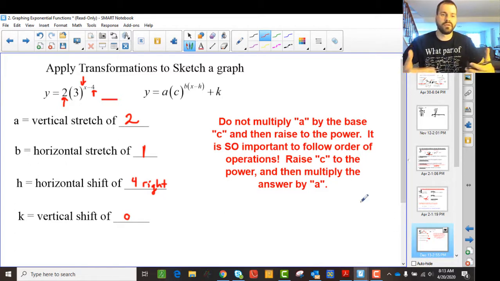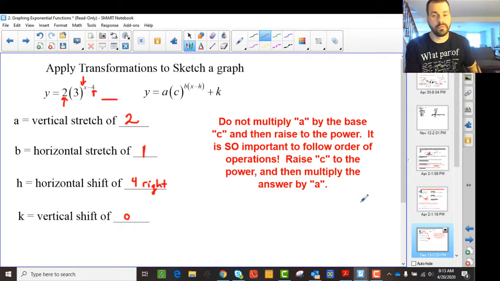So you basically have to look at those A, B, H, and K values every single time. It's really important that you recognize that the A value is only multiplied by the base after you've established the power to that base. In other words, you have to follow order of operations.